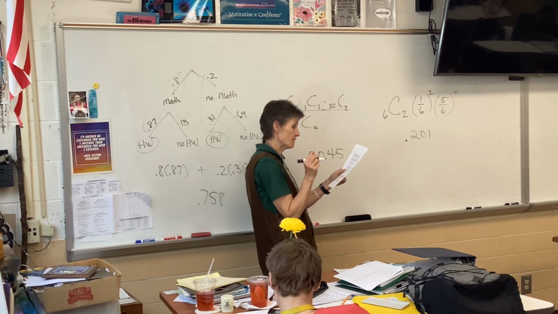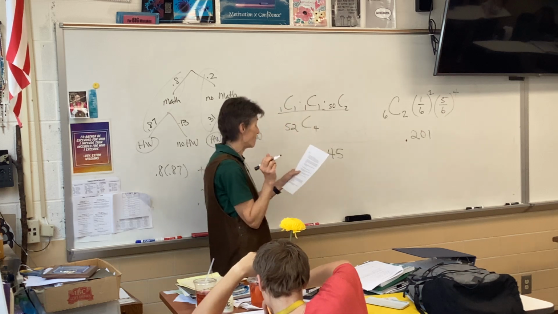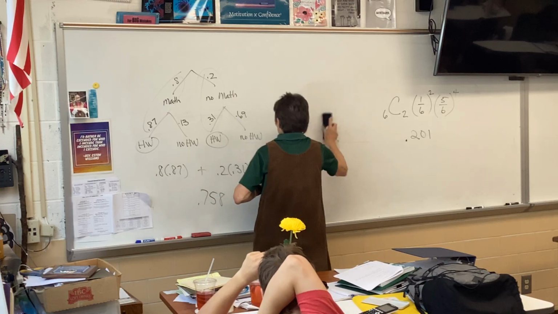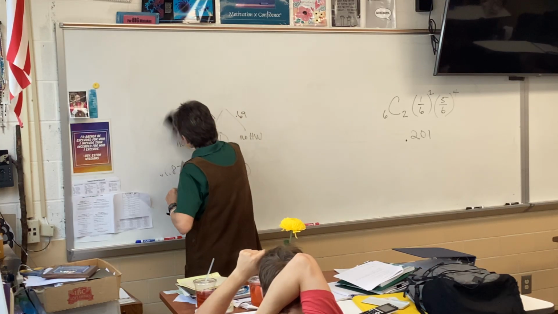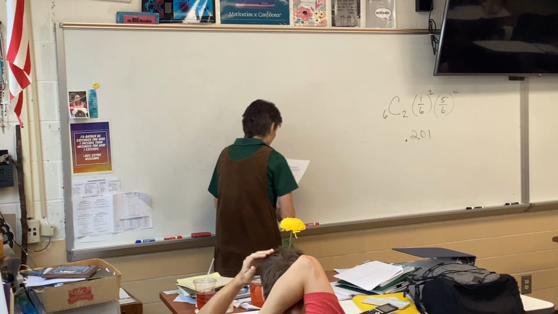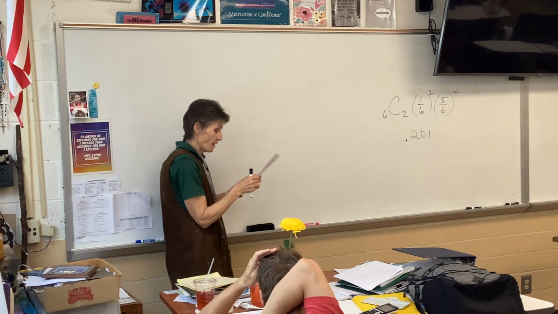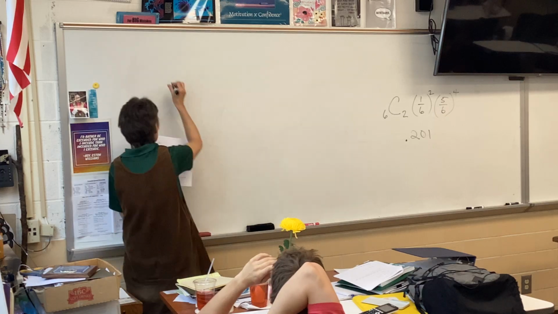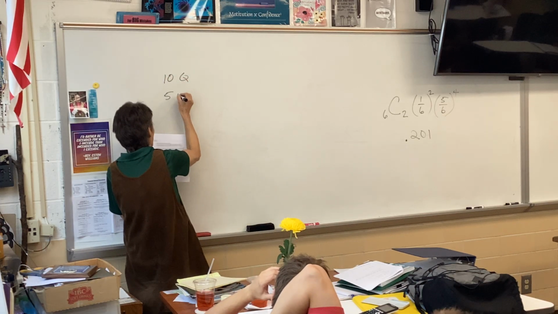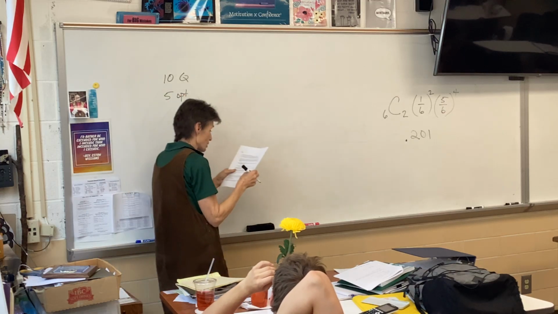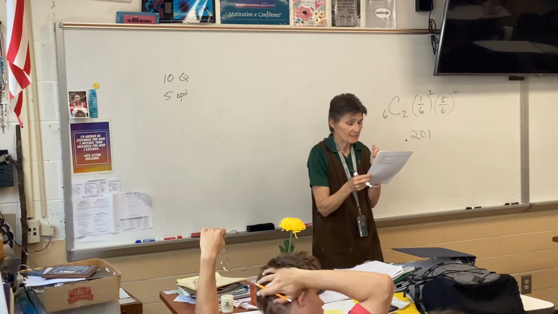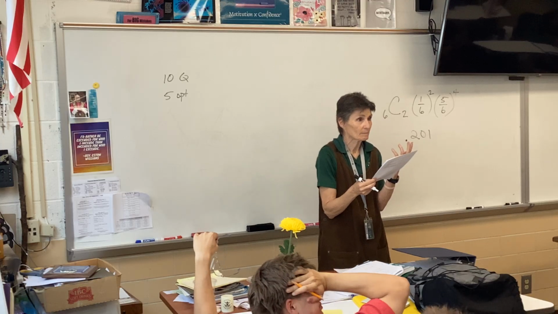Now, number 5, I have a typo in there, but it is basically the same kind of problem. If I have 10 questions, and there are 5 options for each question, would you agree that the probability of my guessing right is 1/5?